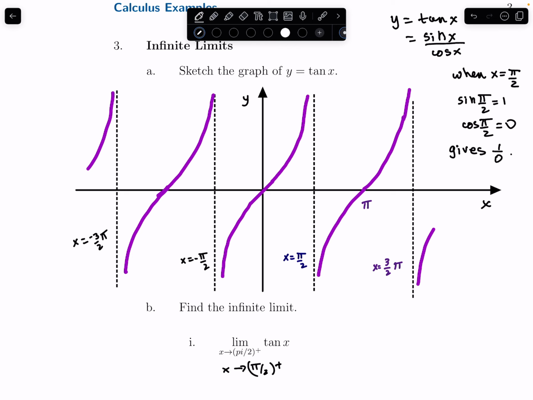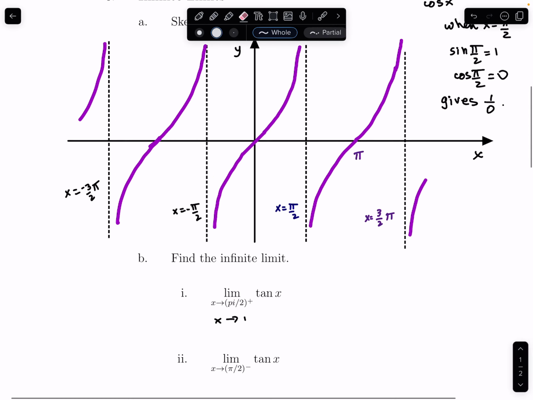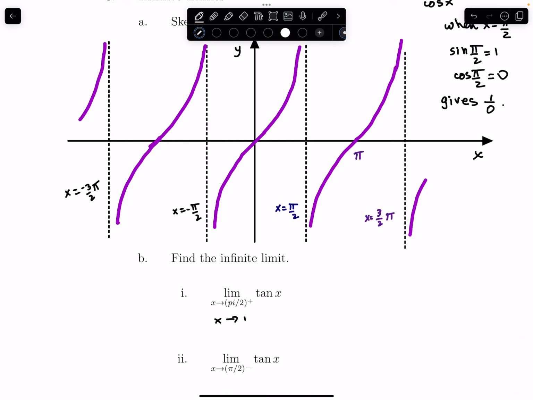That's what I meant that to be. What we're getting at is this: it just looks like I'm becoming incapable of writing neatly. What I mean to write is x approaches pi over 2 from the right.